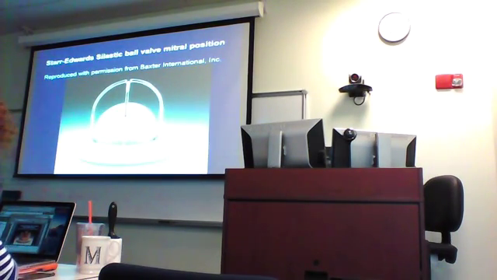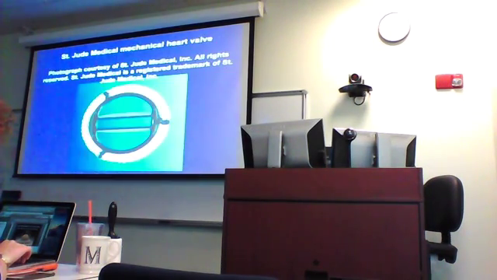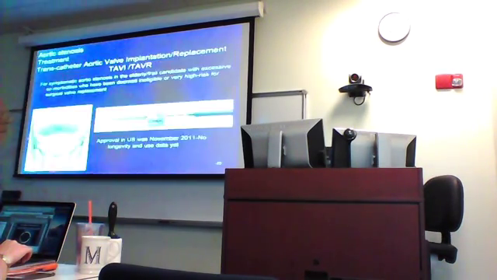The Starr-Edwards is not used very often, but you're going to see these on people's chest X-rays, the ball and cage, because they require anticoagulation, and they're getting more towards doing this TAVR procedure I told you about. So you'll see less and less of these, but some will come by. This is the one that you heard clicking in the elevator. And this one, a St. Jude mechanical valve, another tilting disc one.